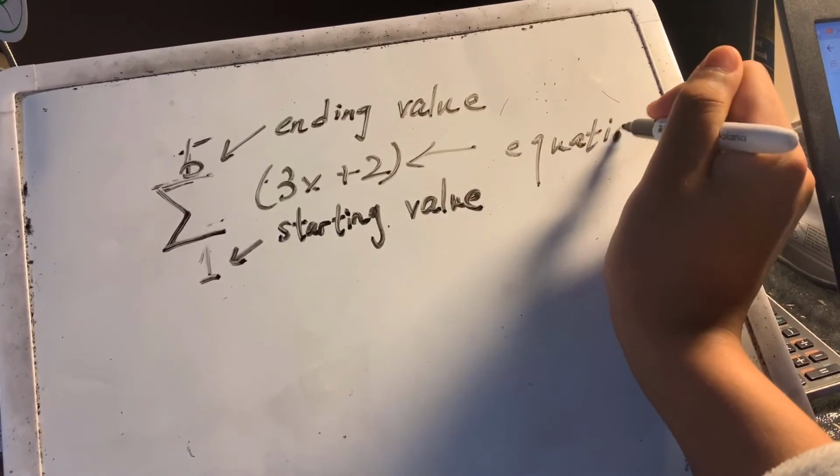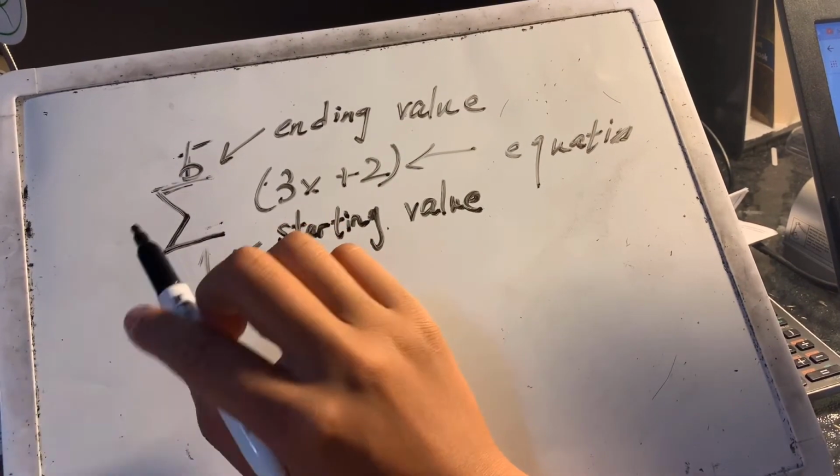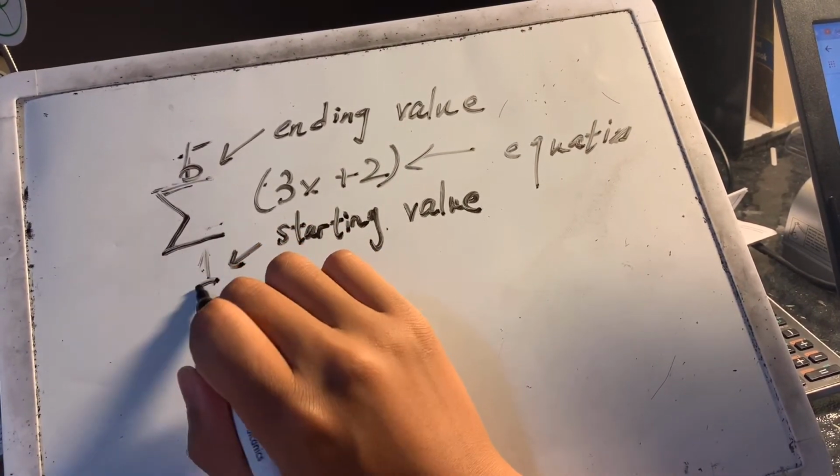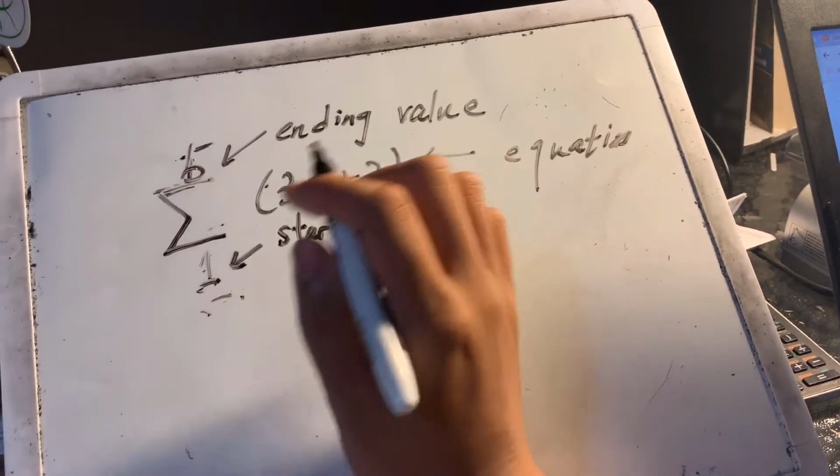So what you do is you calculate the starting value, you plug every number from the starting value to the ending value into X, and you are done.